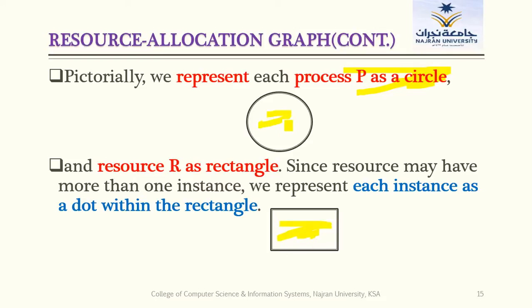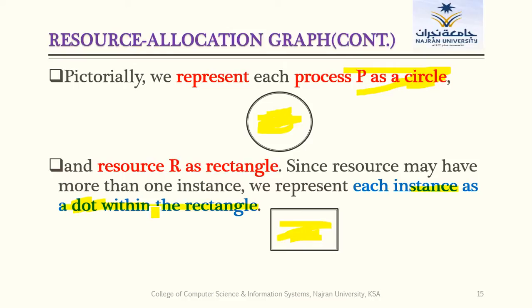And it's also possible that we have more than one instance of a resource, then we will use dots within the rectangle. To represent one instance, we will use one dot. So each instance is a dot within the rectangle.